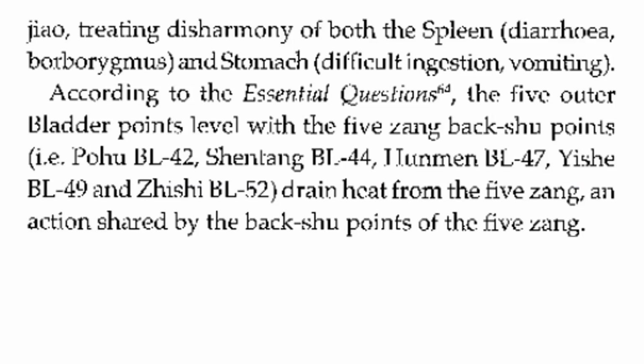According to the Essential Questions, the 5 outer bladder points level with the 5 zang back-shu points, that is Bladder 42, Bladder 44, Bladder 47, Bladder 49, and Bladder 52, drain heat from the 5 zang, an action shared by the back-shu points of the 5 zang.